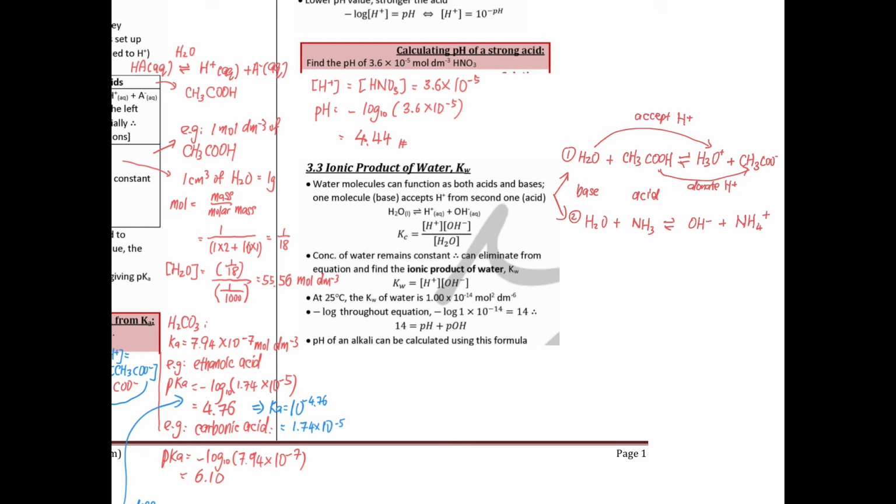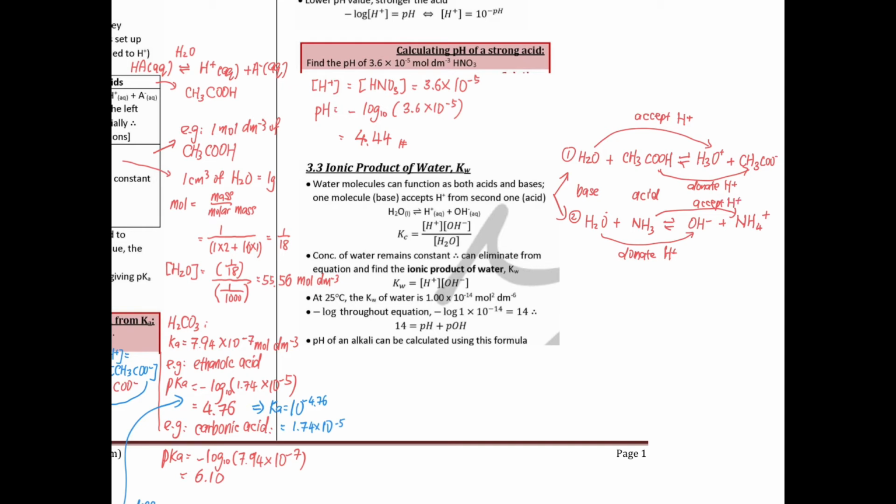In this equation, H2O donates H plus to form OH minus, and ammonia accepts H plus to form ammonium ion.